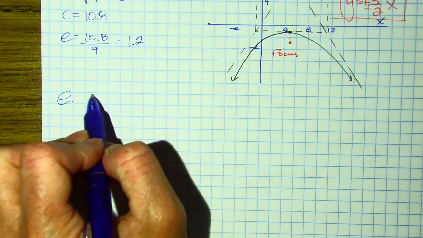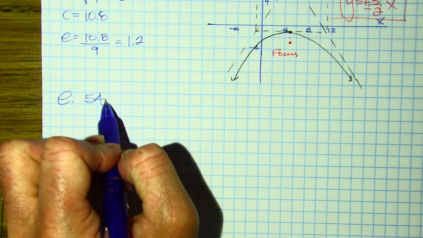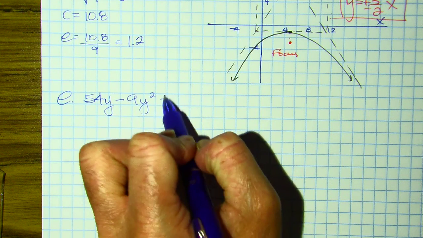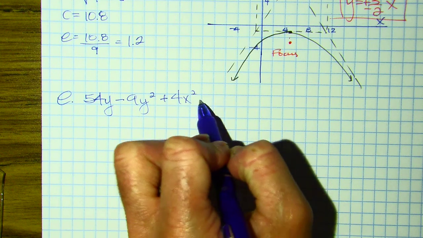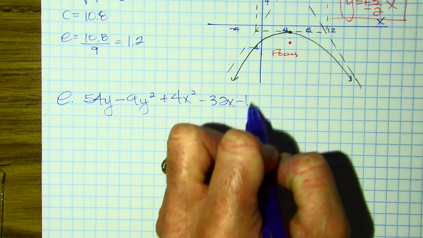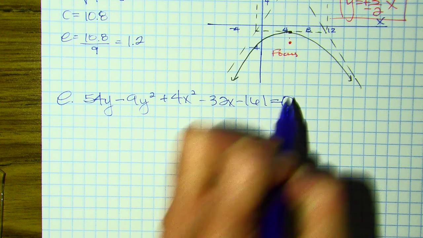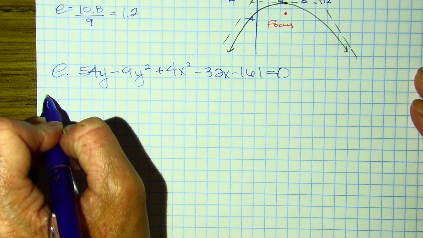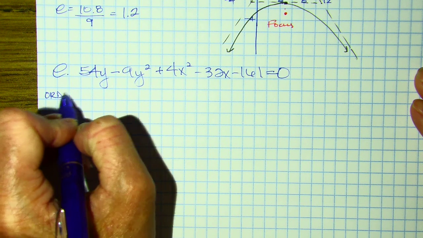I have to put the following in standard form. So 54y minus 9y squared plus 4x squared minus 32x minus 161 equals 0. So first things first, let's put everything in order.